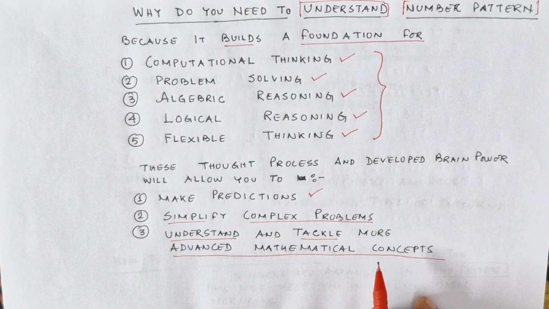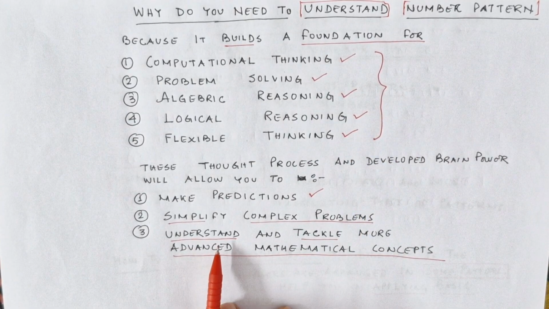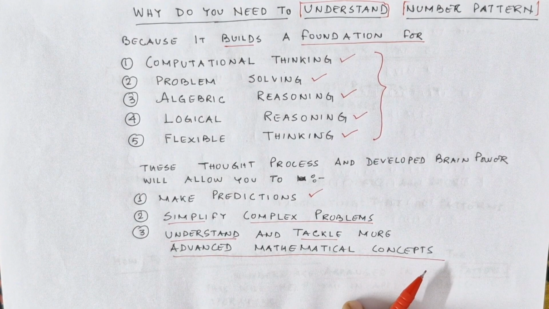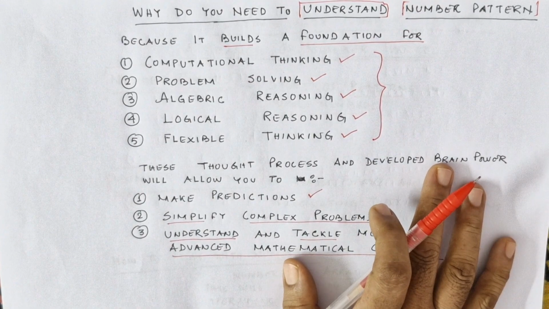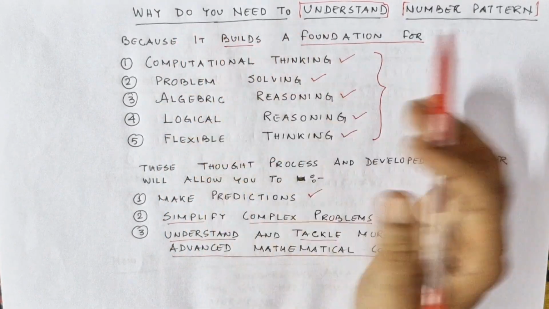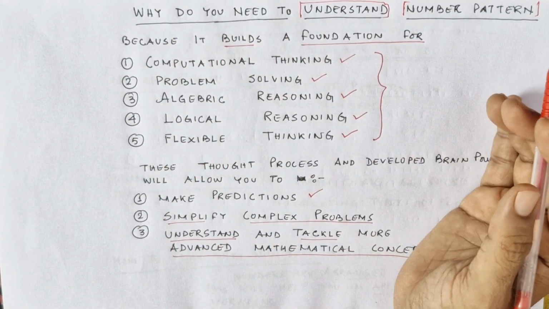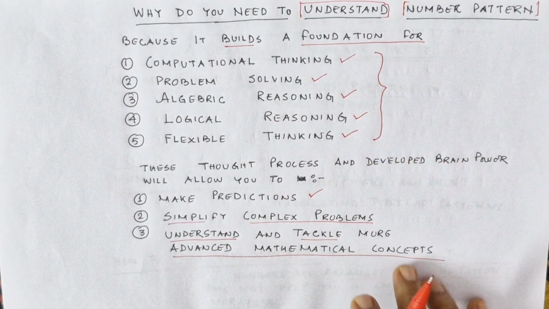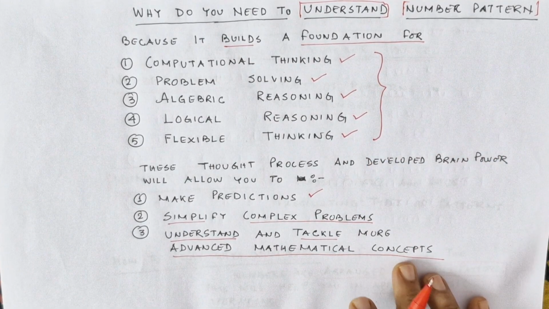What will happen to you? You will be able to understand and tackle more advanced mathematical concepts. So got it? This answers a big question: why do I need to do this? What is the reason behind it? So these are the reasons that you need to understand the number system.